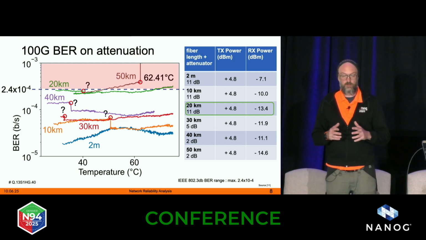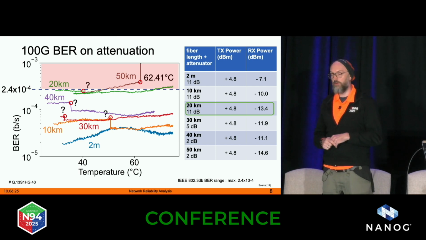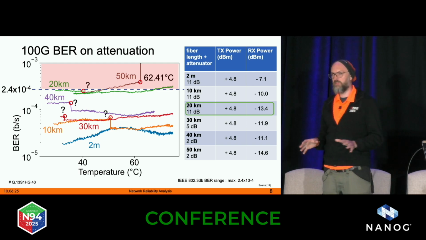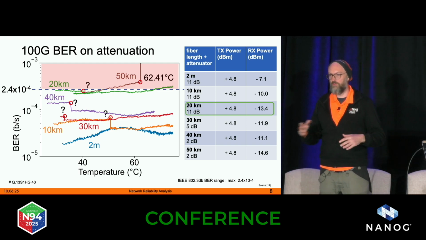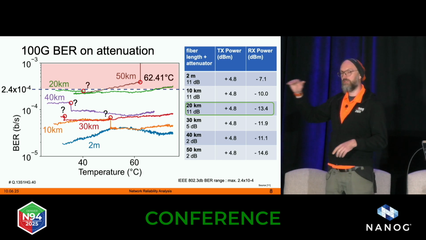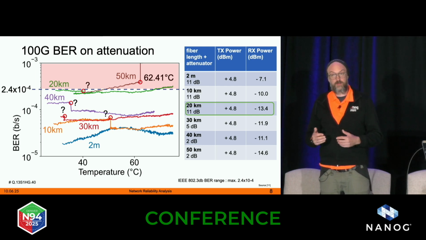We didn't hit the maximum of 2.4 multiplied by 10 to the power of minus 4. And for simplification, I just use minus 4, minus 3, and so on. So that's actually the edge which is defined by IEEE. We don't want to go below minus 4, because then this is a bad link.